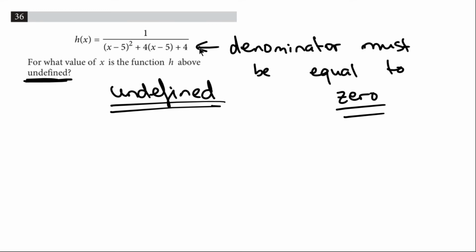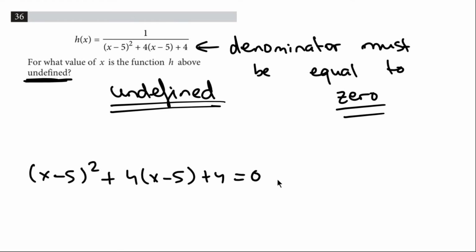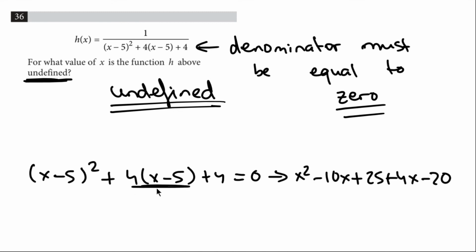So let's equate the whole thing to 0. So (x minus 5) all squared plus 4 times (x minus 5) plus 4 is equal to 0. Now let's simplify. Let me open this up. x squared minus 10x plus 25, that's this whole thing, plus 4x minus 20, that's this thing, plus 4. And all of that is equal to 0.